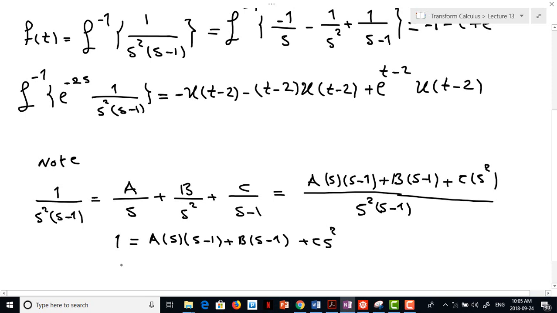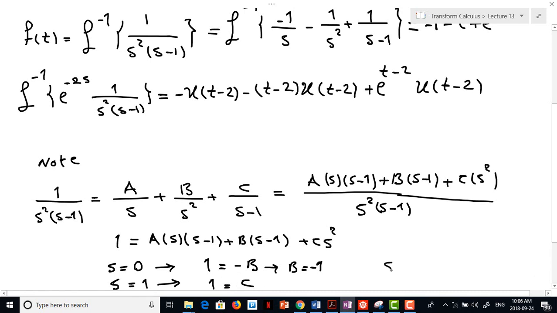Now just plug in s equal to 0. The left hand side is 1, on the right hand side a times 0 is gone, c times 0 is gone, so we have minus b. As a result, b is equal to minus 1. If you plug in s equal to 1, a times 0 is gone, b times 0 is gone, so c is equal to 1.